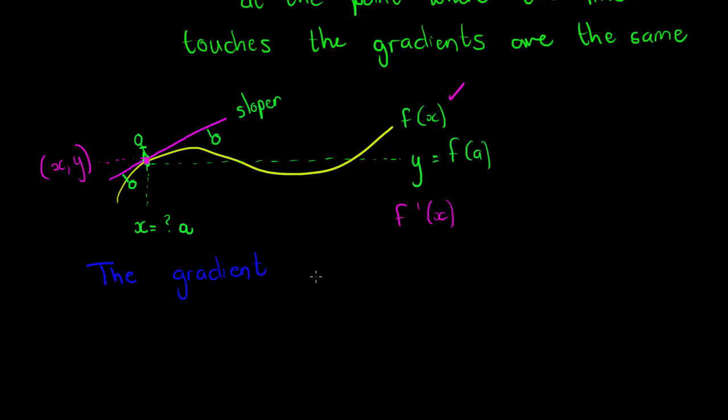The gradient is a formula. I lie. The derivative is a formula for the gradient.